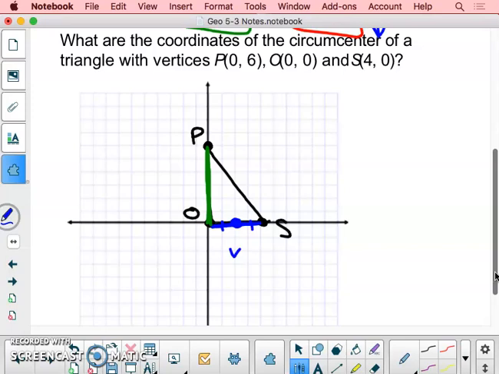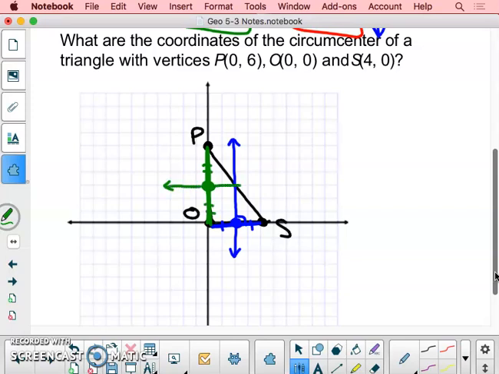The line that is perpendicular to that horizontal line OS will be a vertical line going through. This green segment, PO, has a length of 6, so I need to put a dot 3 away from either endpoint to make sure that I'm going through the midpoint.